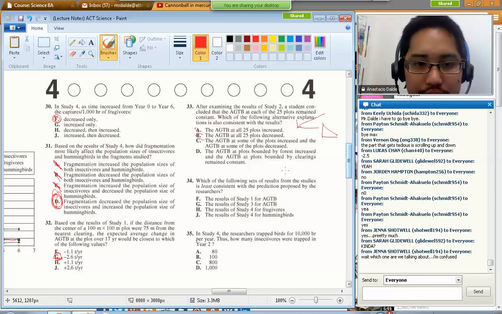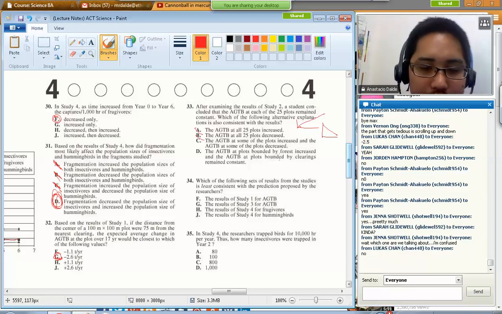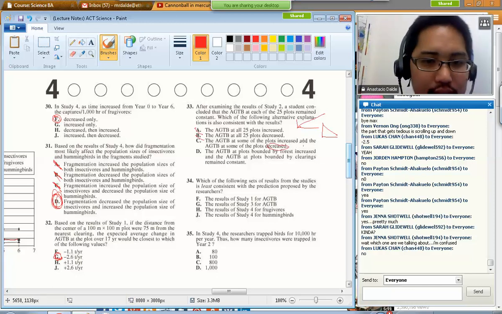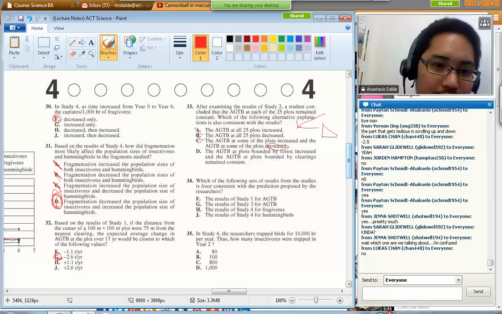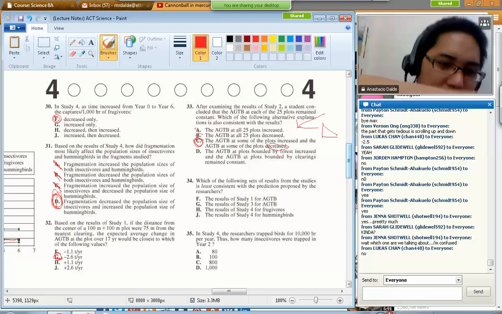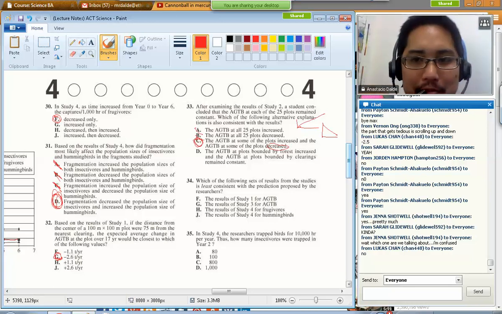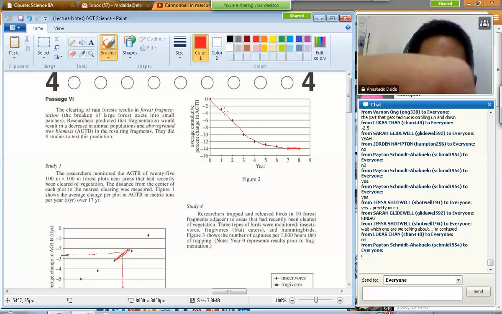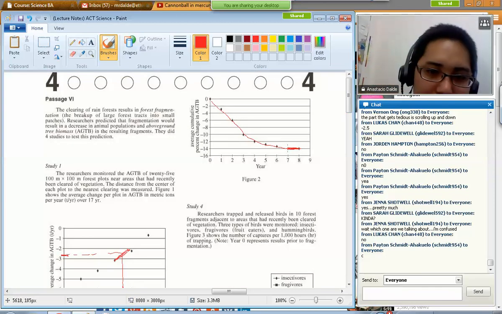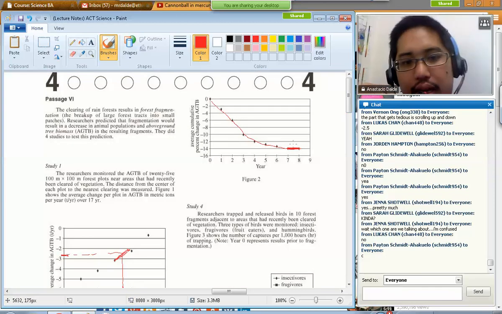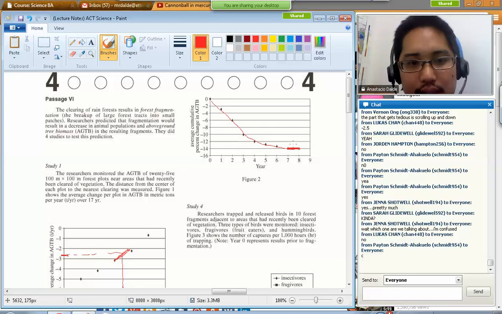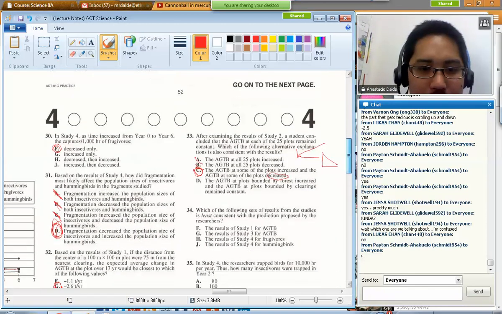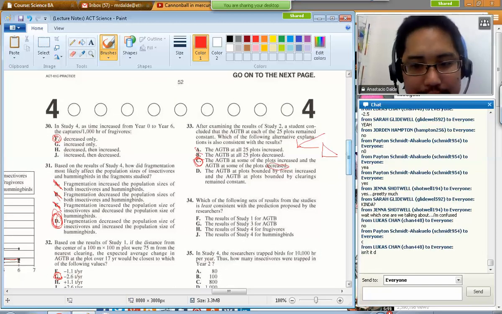Alright, so for the most part they decreased and they didn't really increase. However, I would say that this is your best answer, and that one's a little bit tricky, because the graph kind of looks like this. It decreases, but it doesn't decrease at every plot. You know what I mean? So I would say that it's a lot better answer than B.